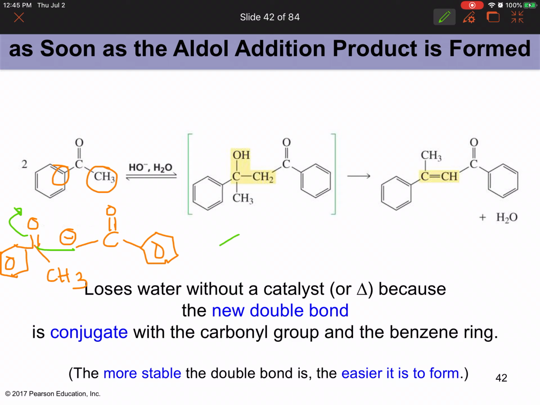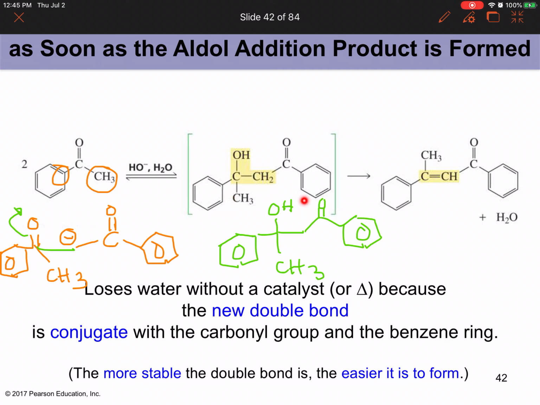So the molecule that is going to form has a benzene ring, and this would become OH. This will still carry that methyl group. The new bond is formed with that carbon, and then the carbonyl group, and then the benzene ring. You see how the aldol product is being formed? It's the same thing that you are seeing over here.